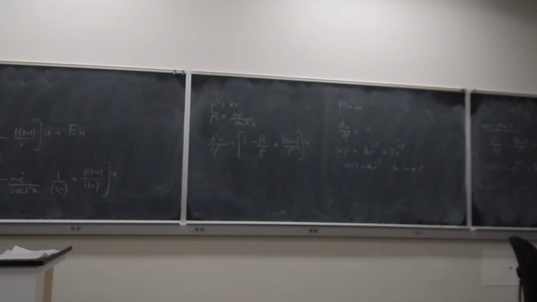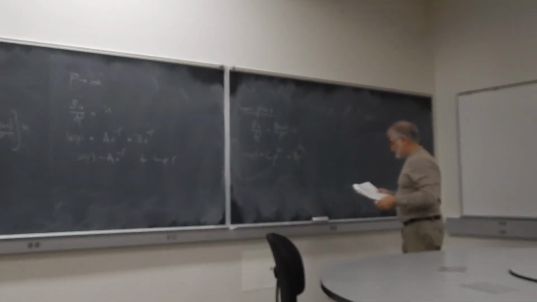So we've got to peel off the asymptotic behavior, and we're going to define a function v of rho such that I can write u of rho as rho to the l plus 1, e to the minus rho, times some other function v of rho. This comes from approaching 0, this comes from approaching infinity, and this guy's going to help us get from one to the other, essentially. We're hoping that v of rho is going to be simpler than u of rho.